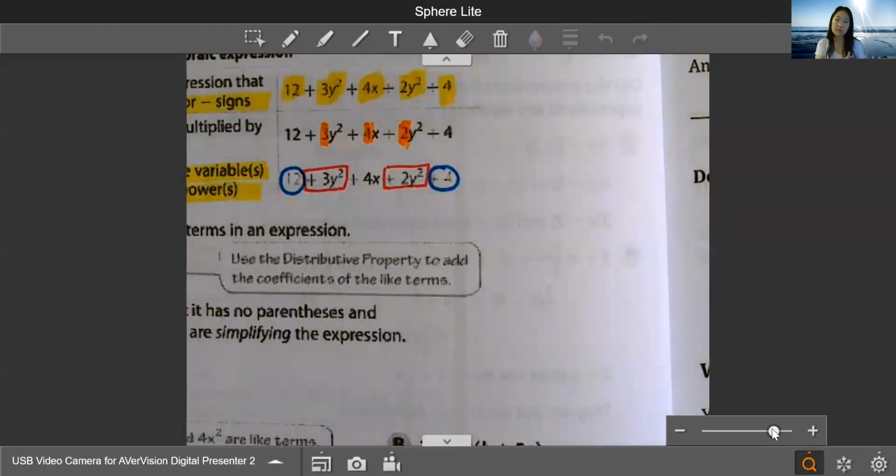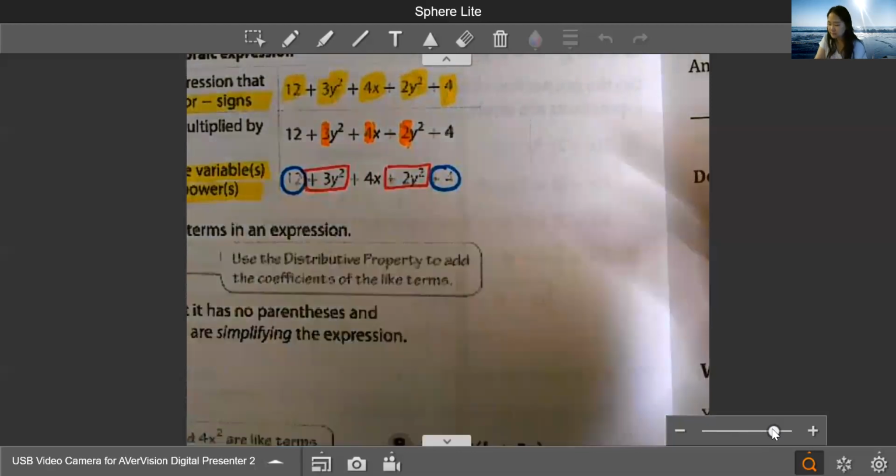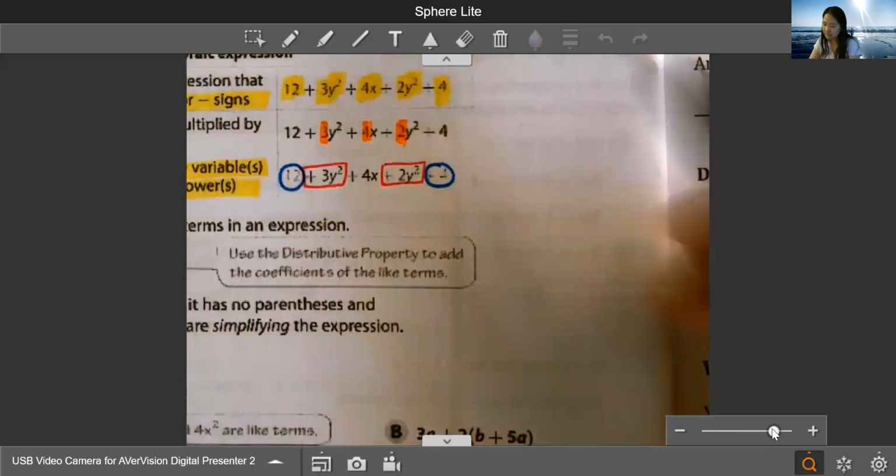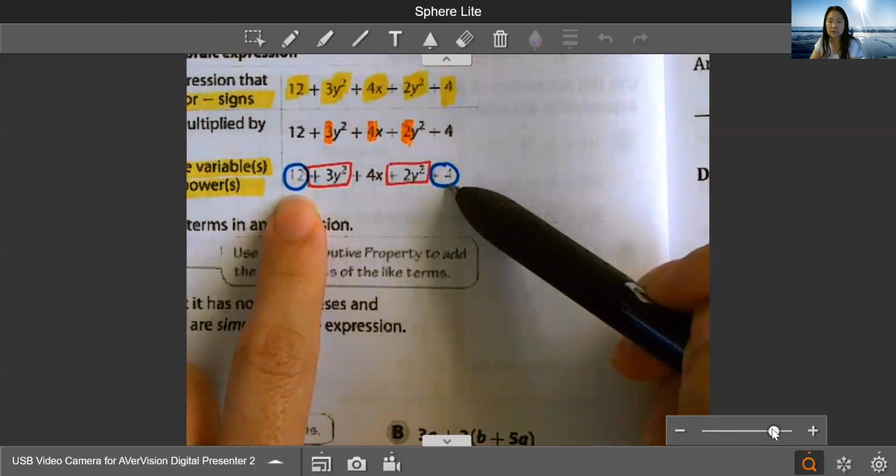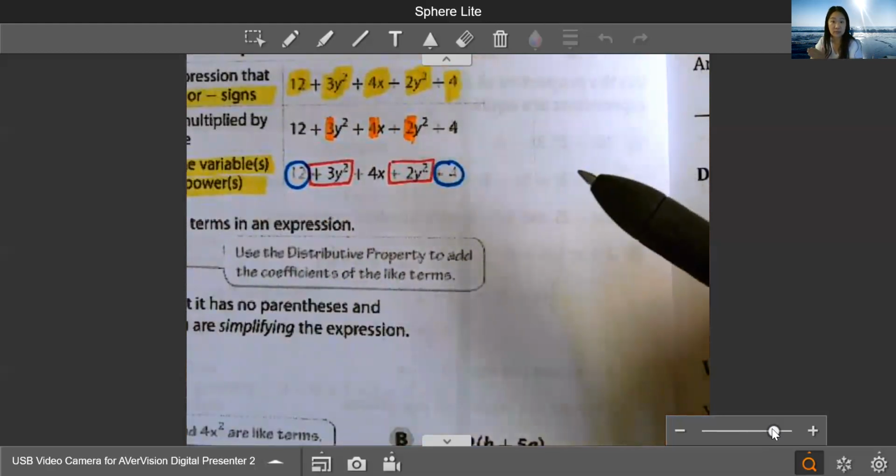Remember, just previously I said that when you have multiple variables, you want to put the answer in alphabetical order, and if you have the same variable, then higher power first, which doesn't apply here. So let's write the answer. The final answer should look like this. Oh, by the way, if you have a constant, the constant always goes at the very end of the expression.